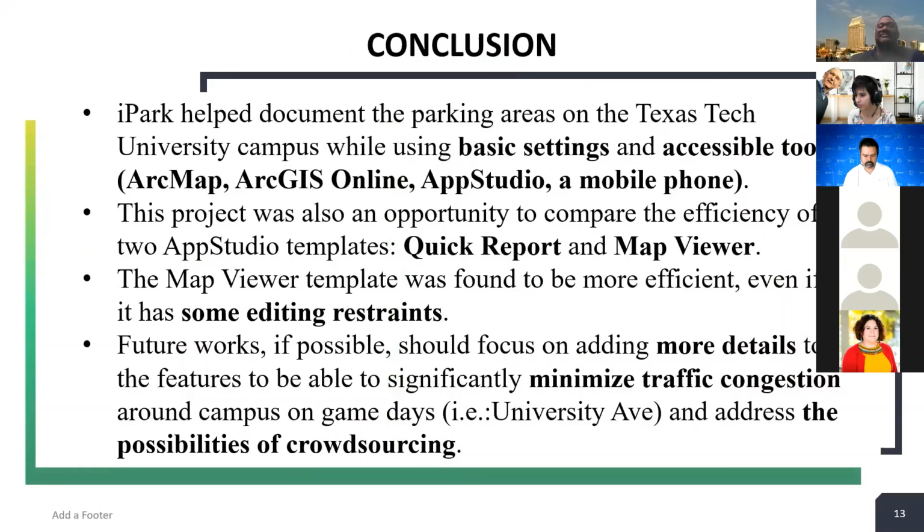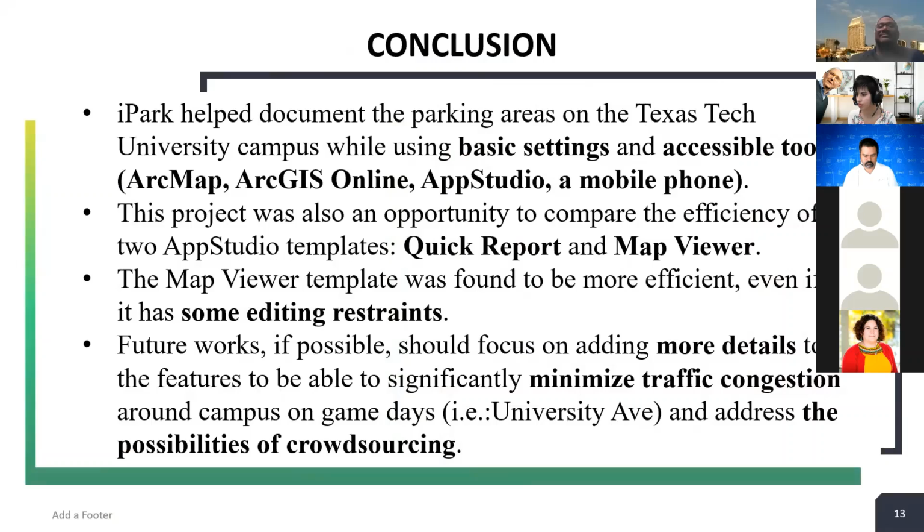And this project was also an opportunity to compare the efficiency of two App Studio templates, Quick Report and Map Viewer. The Map Viewer template was found to be more efficient, even if it has some editing restraints, because Quick Report is just an app that is good to go hunt for points. It doesn't support lines and polygons.